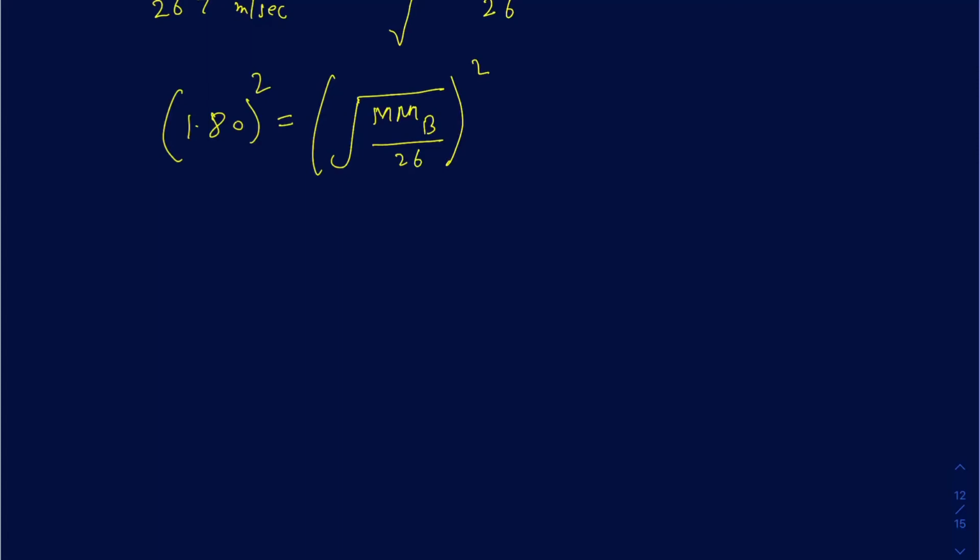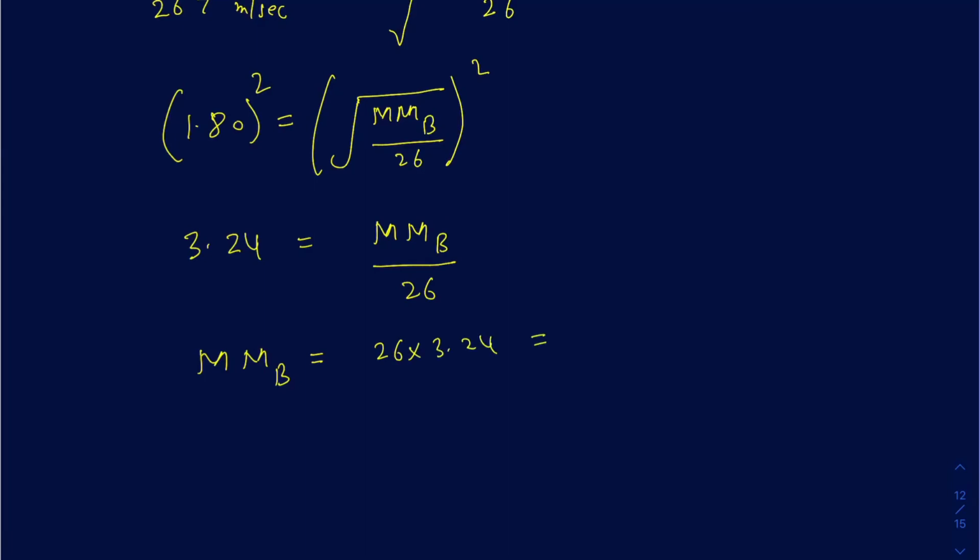So 1.80 squared is going to be 3.24. And that's going to be equal to the molar mass of gas B divided by 26. So your molar mass of gas B, which is the unknown noble gas, is going to be 26 times 3.24.